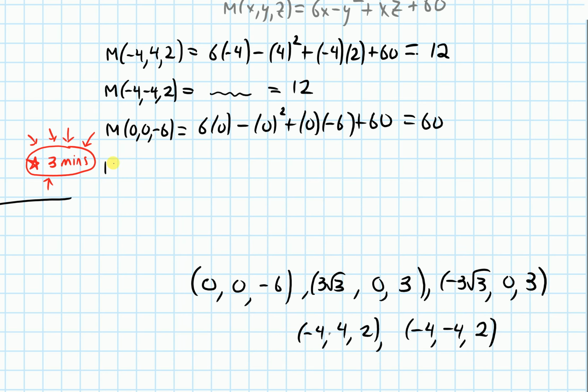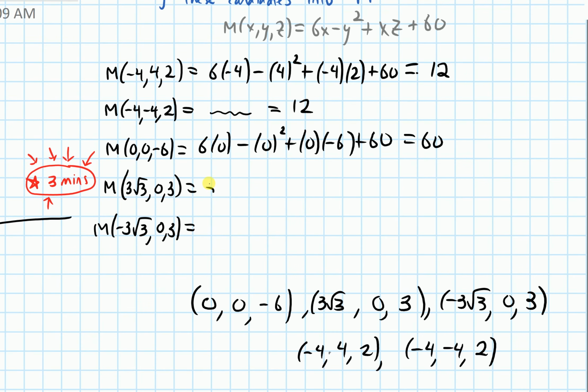Alright, so we need to plug in 3 root 3, 0, 3, and we need to plug in negative 3 root 3, 0, 3. If I plug the first one in, we'll get 6 times 3 root 3 minus 0 squared plus 3 root 3 times 3 plus 60.